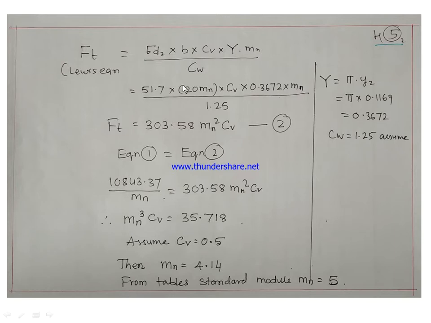So substitute all the values. Assume b equal to 20 times normal module. As you know, capital Y equal to small y2 into pi. Then it is 0.3672, substitute here, mn is there, Cw assumed as 1.25 wear and lubrication factor, and after simplification you get tangential load based on Lewis equation as 303.58 mn square into Cv.